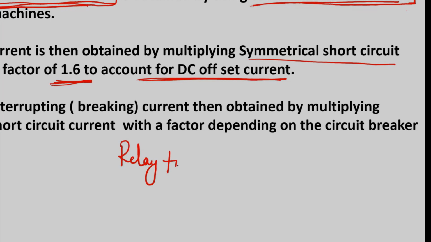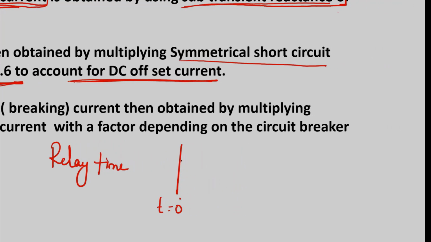So what is relay time? Suppose at t equal to 0 the fault occurred. From this the relay time will start. Let us assume it takes this much time. Here at this point the circuit breaker is energized and the trip command is actuated. This gap is called relay time. Understand?